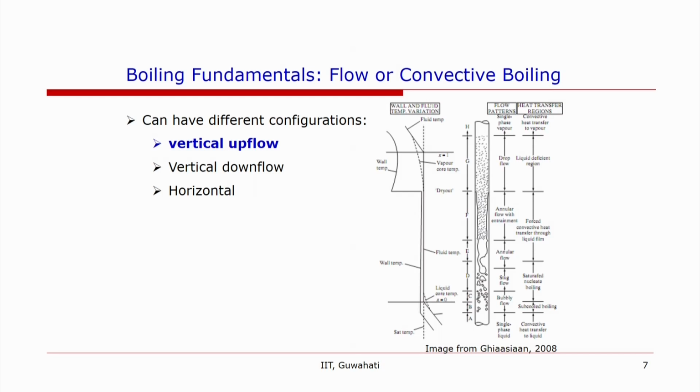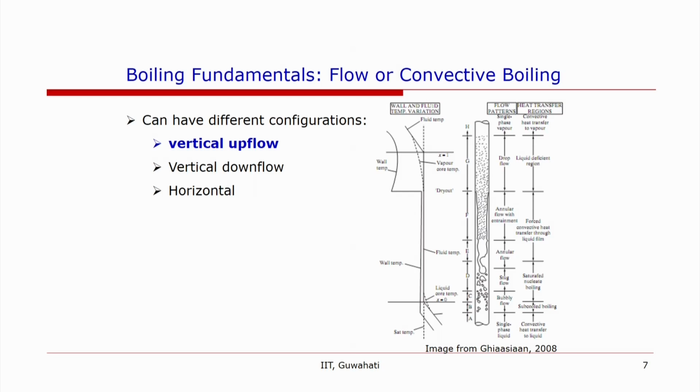So the boiling in a vertically upward channel, vertically downward channel, and horizontal channel are going to be different. Generally, the orientation of the channel is preferred to be vertically upward.